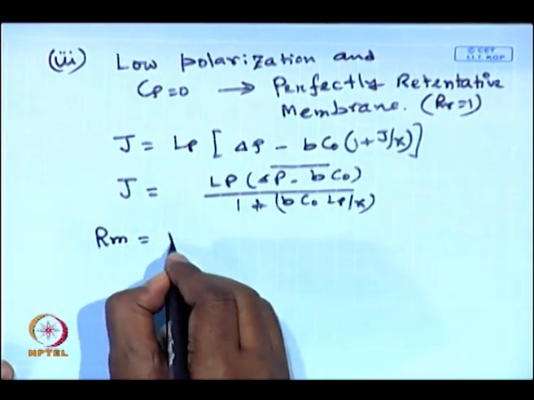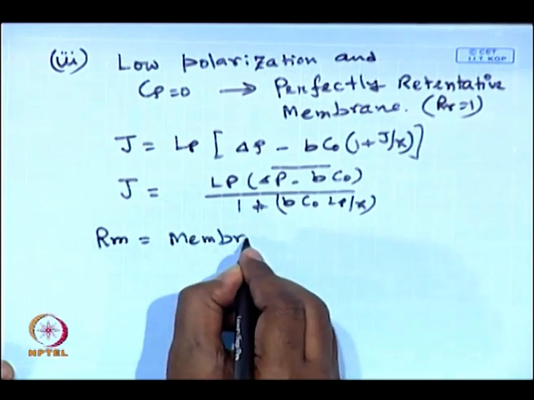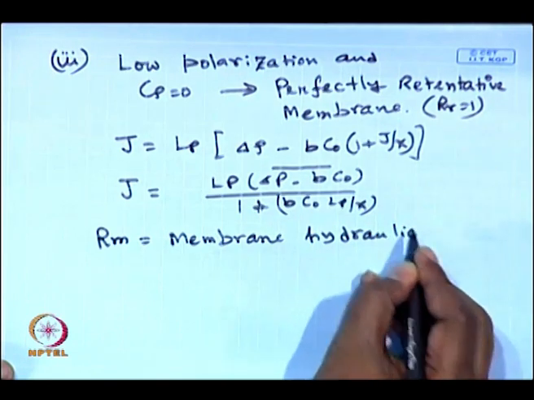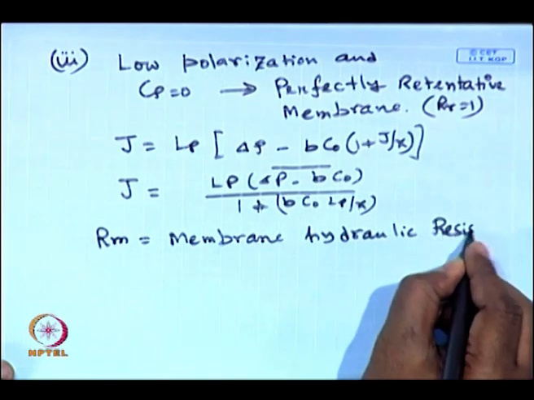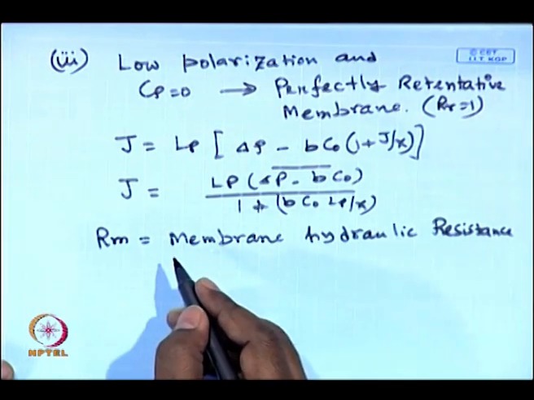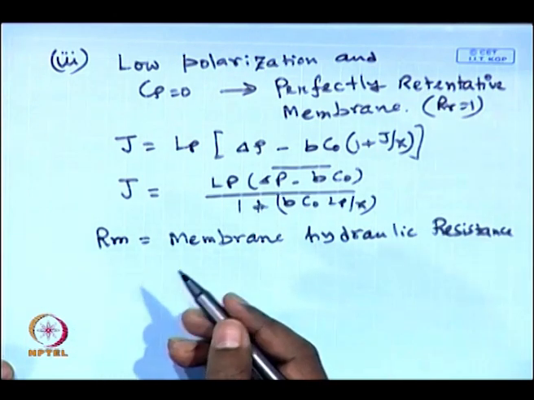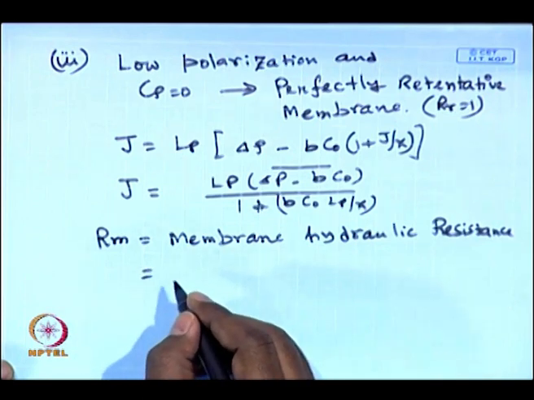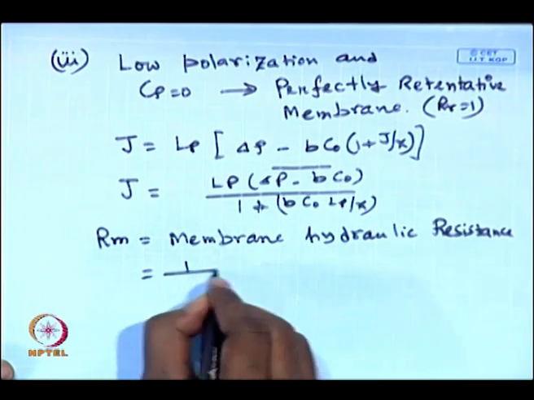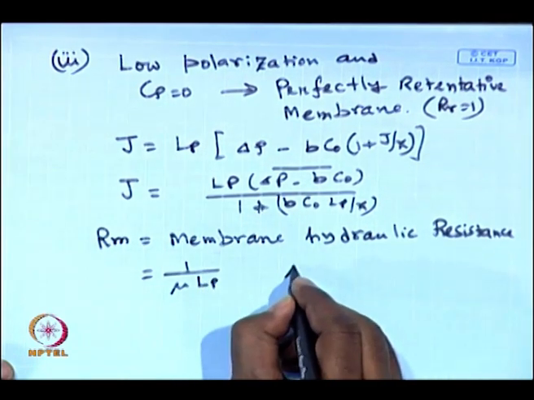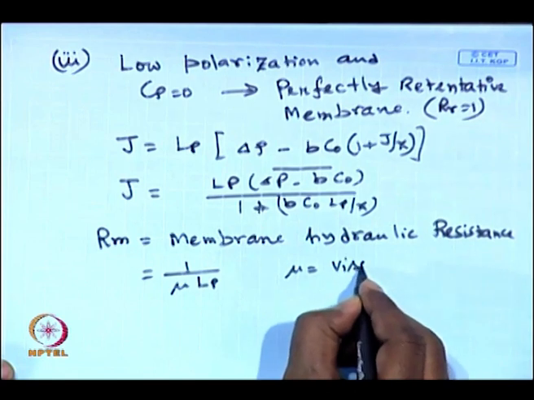Rm is the membrane resistance, called the membrane hydraulic resistance, and by definition it is inversely proportional to the membrane permeability, like the definition of conductivity and resistance in electrical transport. So, it is defined as Rm equal to 1 over mu times Lp. What is mu? Mu is the viscosity of the permeating solution.